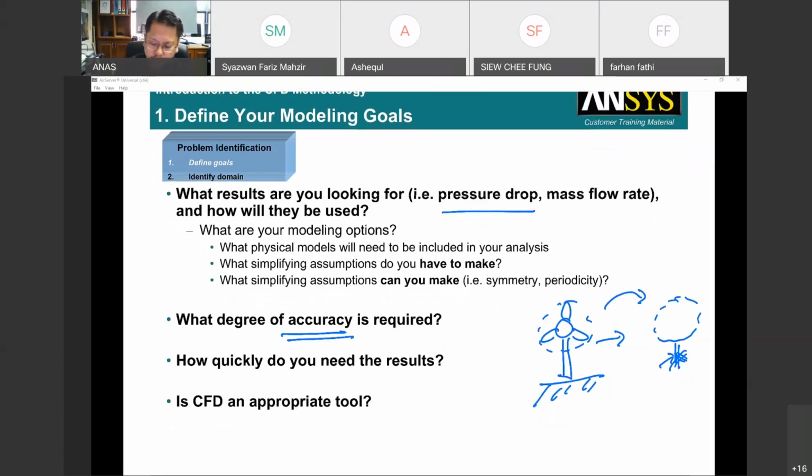For example, even though you can make assumptions that the blades of the turbine can be assumed to be a circle, where you take the diameter of the blade or the diameter of the device, if you want to look at the velocity profile or maybe the turbulence at the blade, then this method probably is not suitable.